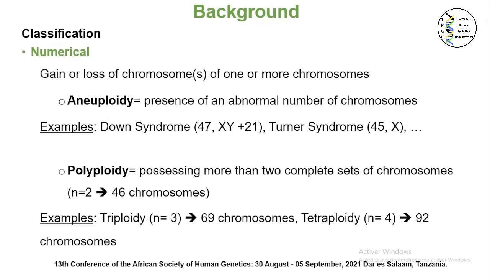For example, we have the Down syndrome with 3 chromosomes 21 and the Turner syndrome with a loss of one of the X chromosome. The polyploidy is a condition of possessing more than 2 complete sets of chromosomes. For example, we have triploidy with 69 chromosomes instead of 46, and tetraploidy with 92 chromosomes.